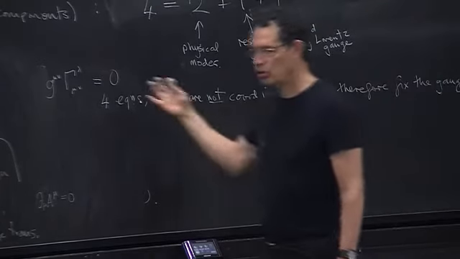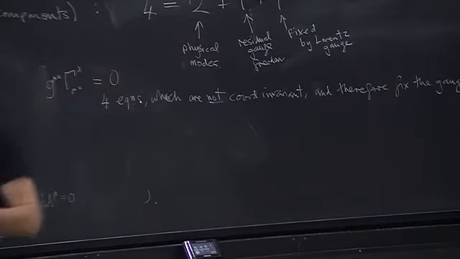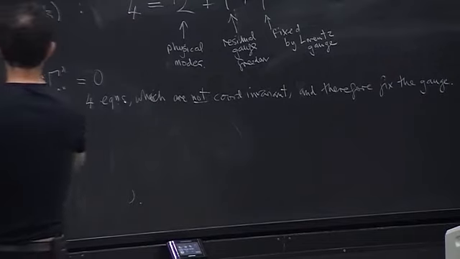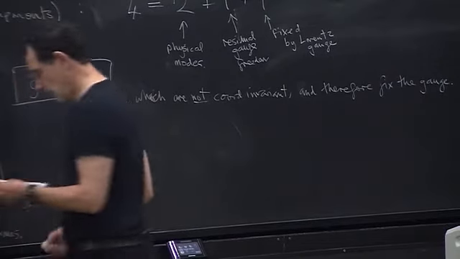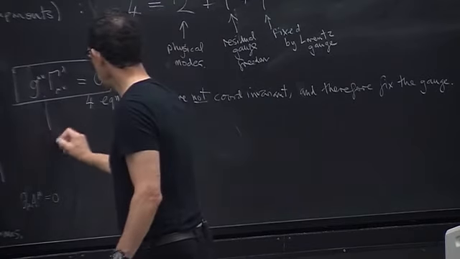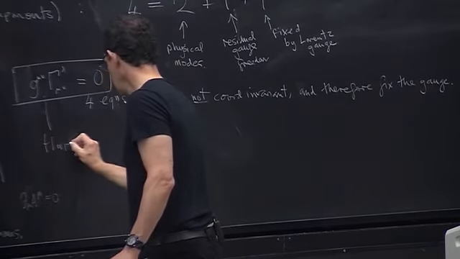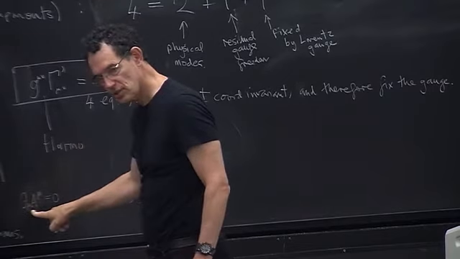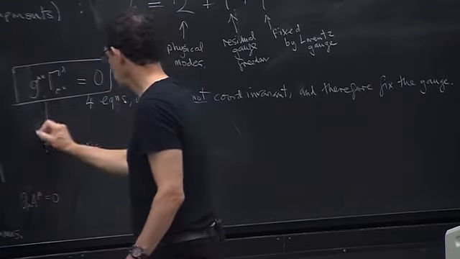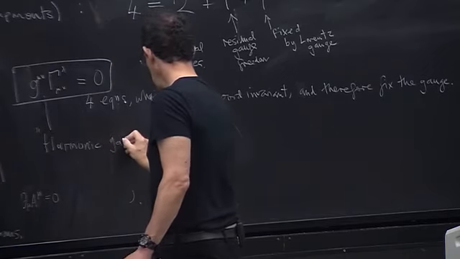Okay, so there are 4 equations preventing you from changing coordinates. Okay, so this is a well-known gauge. It's called a harmonic gauge. So this is harmonic gauge. It's completely analogous to Lorentz gauge. It's called harmonic gauge, and I'll explain why.